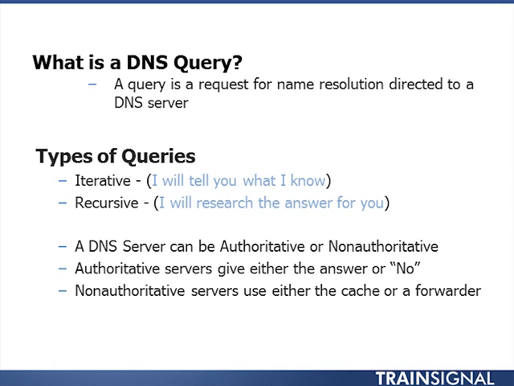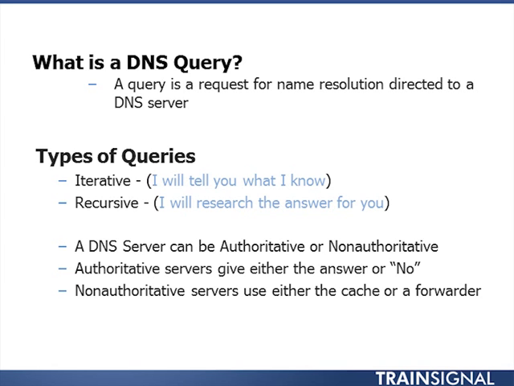Now there's two different types of queries. There's a query called iterative. And I'll tell you what, I've heard that word pronounced many different ways. Iterative, iterative, pronounce it how you want. You can see how it's spelled. And what an iterative query is, it's the type of query where the DNS server is responsible for responding with whatever it knows. But that's it.